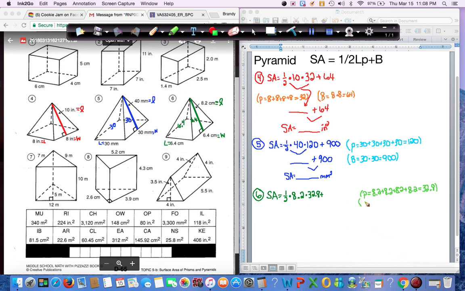So we have our capital B, and we are going to say 6.4, because that's our length, times 6.4, because that's our width. I'm going to bring out my handy dandy calculator again.